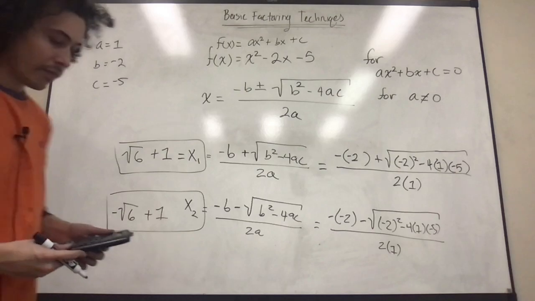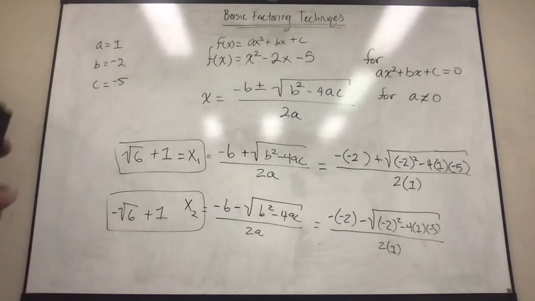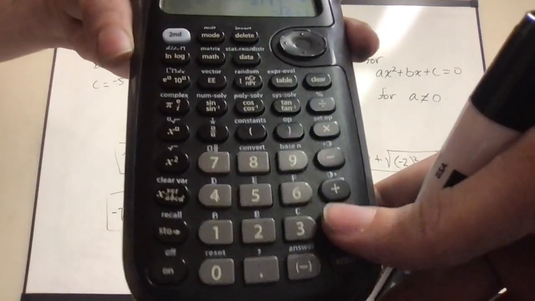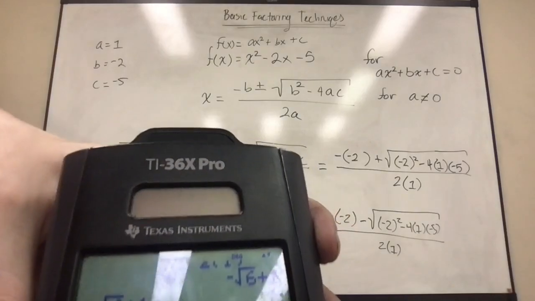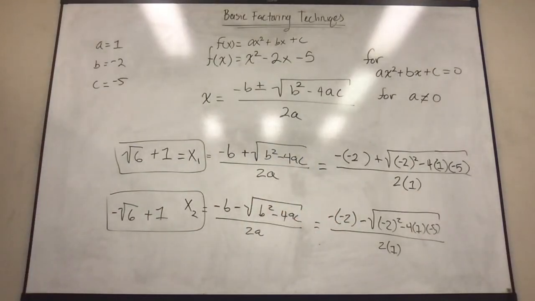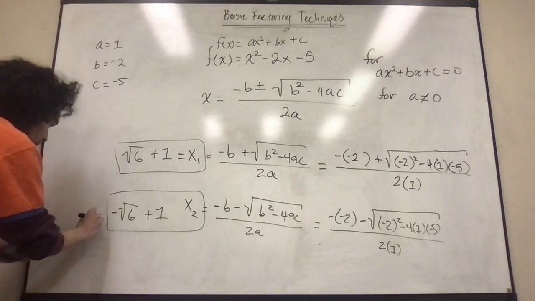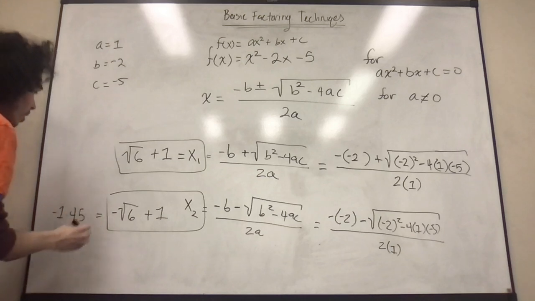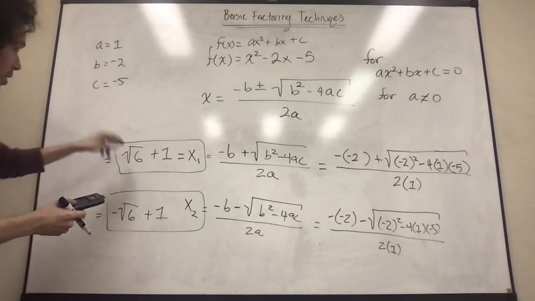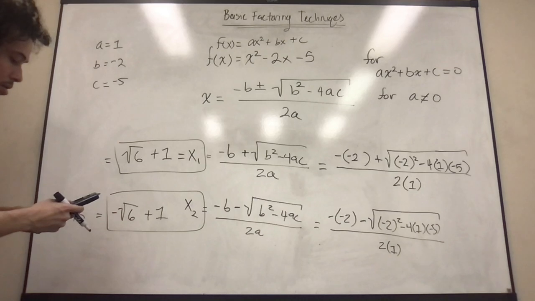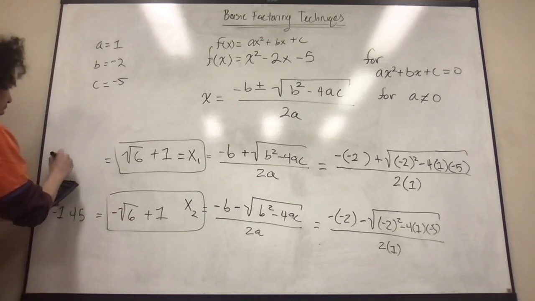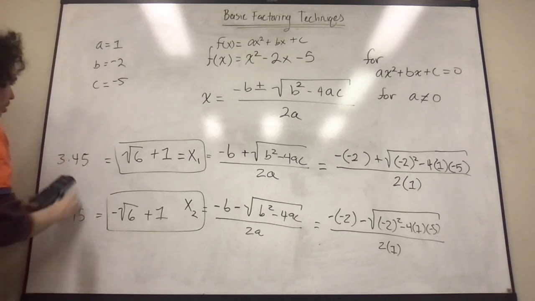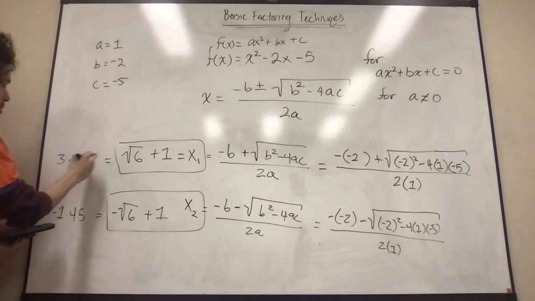If you want to see a decimal approximation of this answer, with these calculators you can just hit this button here, and it gives you an approximation. For this number here, it's approximated to be negative 1.45. And for this top one, the calculator can approximate it to 9 digits, but I'm just going to round here, to 3.45.